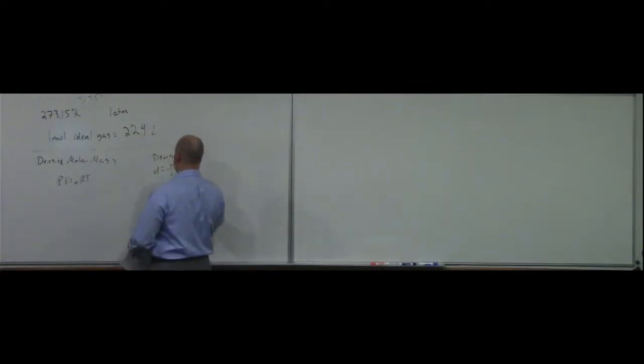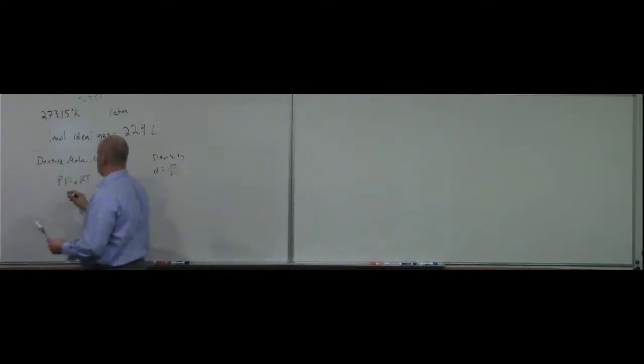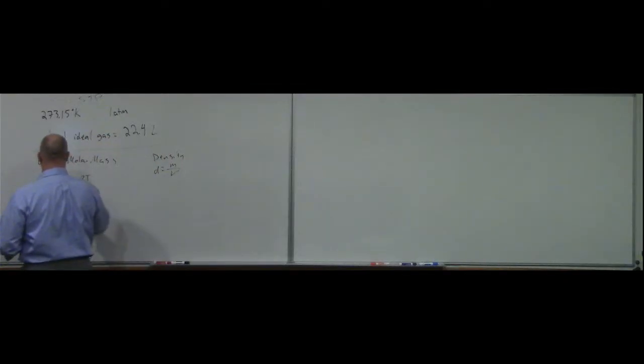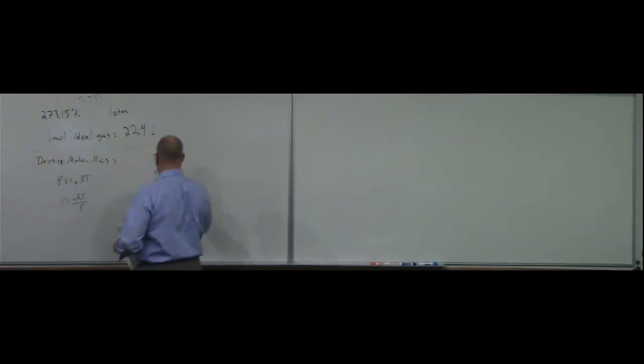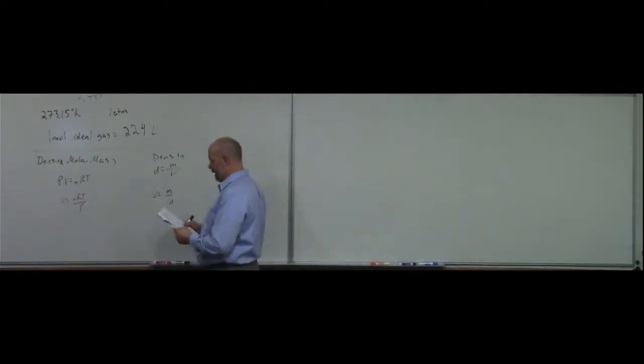From the ideal gas law, V equals nRT over P. From density, V equals M over D. So I could substitute mass over density.